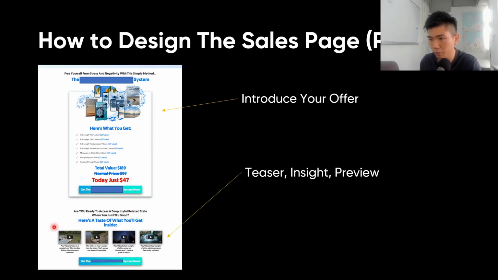So you may have one module of your online course as a teaser. You can put the videos, or you can break down the modules of your online course so people know exactly the structure of your online course, what they will learn, maybe other bonuses, this type of stuff.